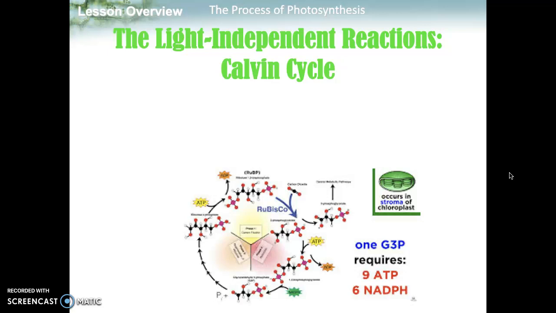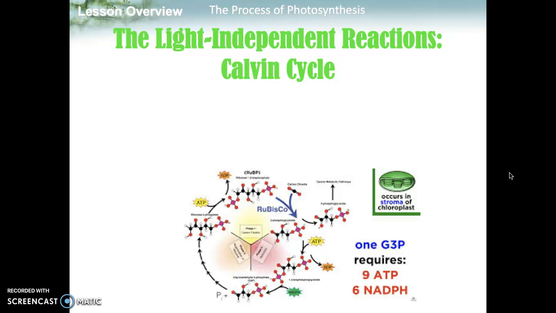We just learned about the light-dependent reactions in the previous video, where sunlight is used to break down water. The hydrogen and electrons are then used during different steps of the light-dependent reactions to produce some NADPH and ATP, which are short-term energy molecules that we'll be using here in the Calvin cycle during the second part of photosynthesis.